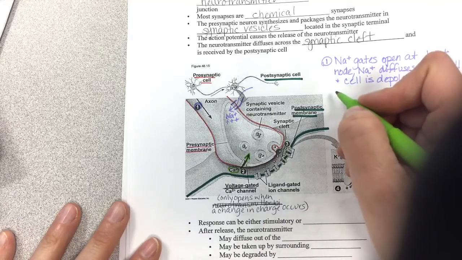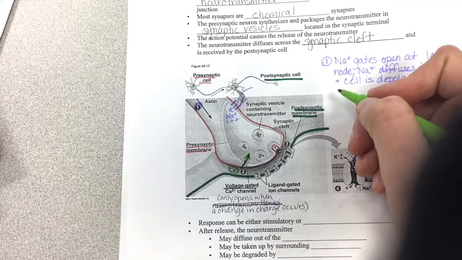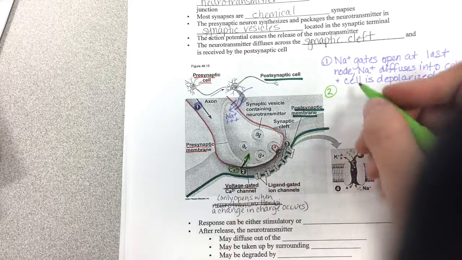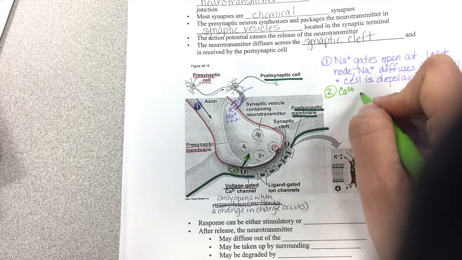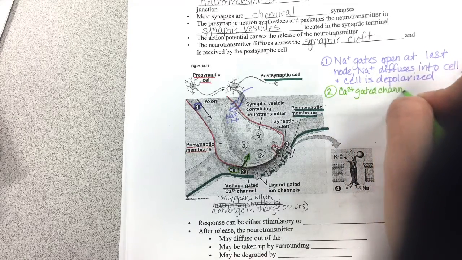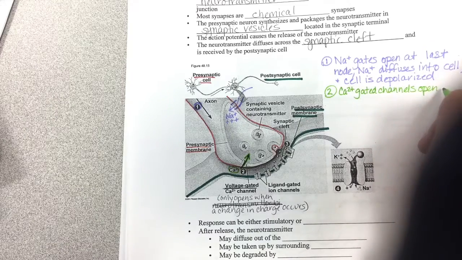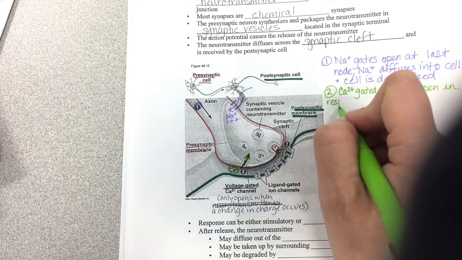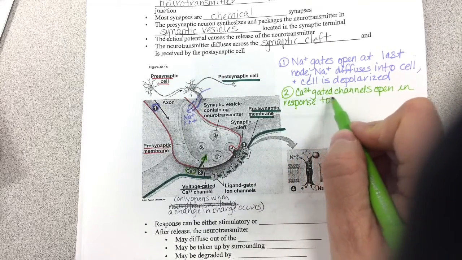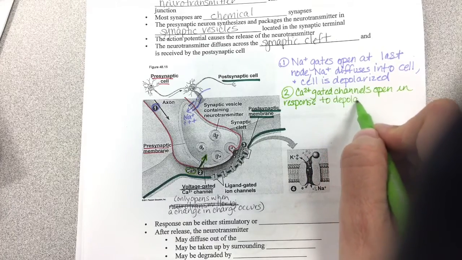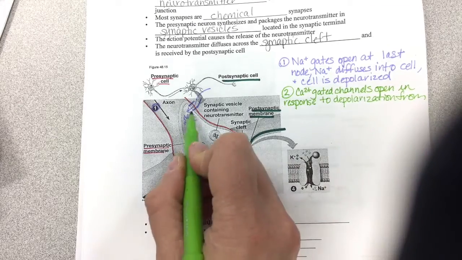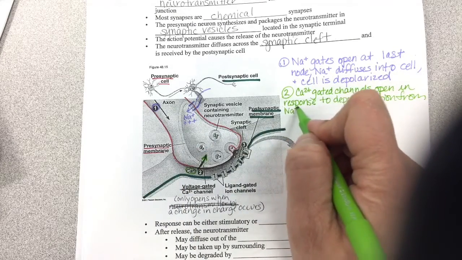So we could write here for step 2 on this diagram: the calcium gated channels open in response to the depolarization from up here, the sodium gates opening.